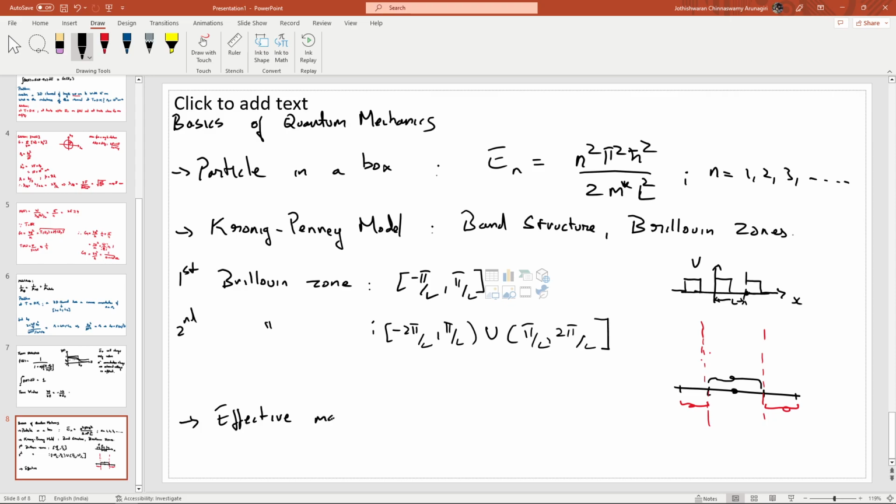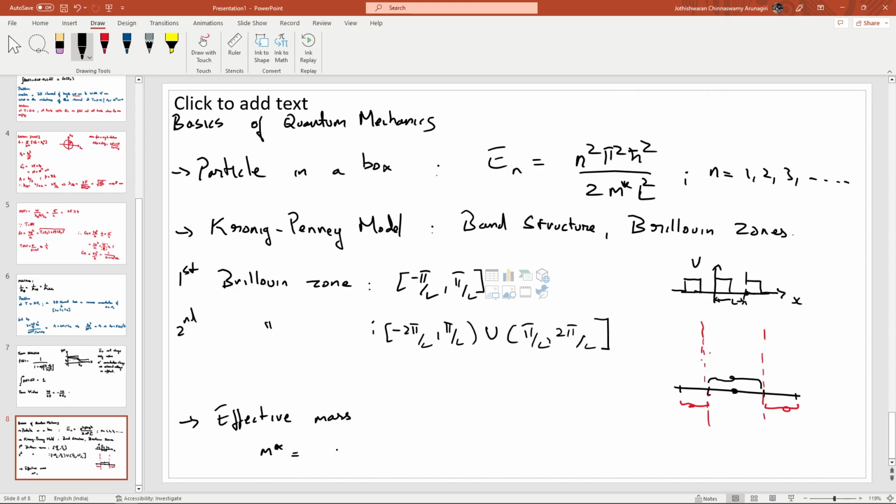So the effective mass in general is given by, can someone tell me what the formula for the effective mass is?